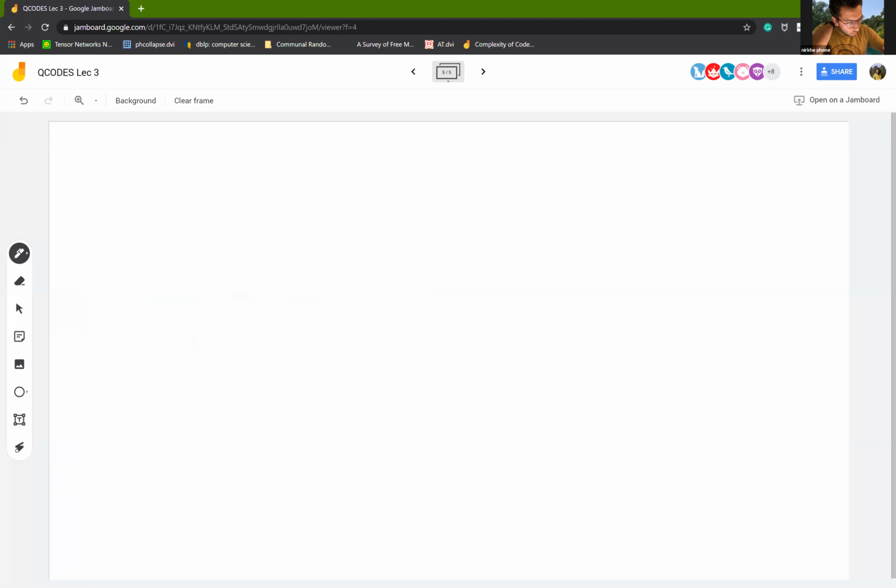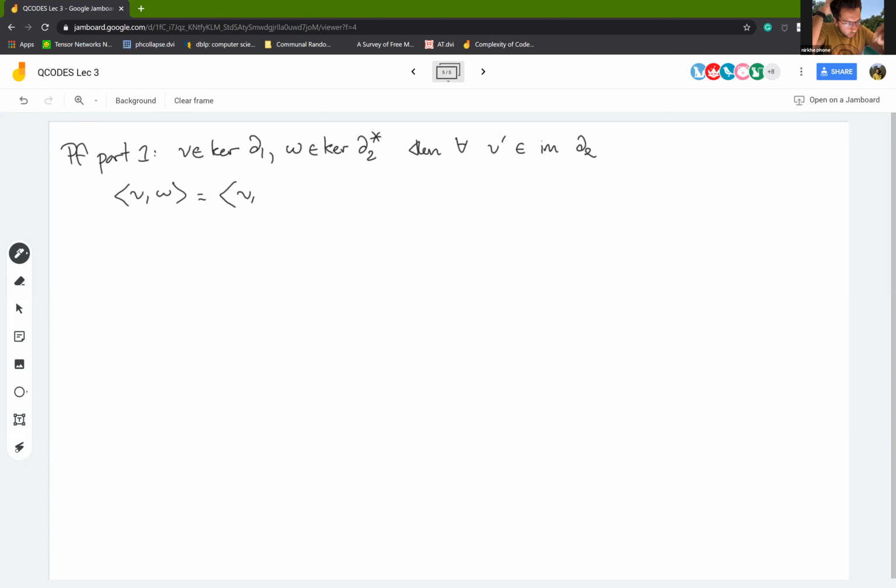So, proof part 1: if I have V in the kernel of delta 1, and I have W in the kernel of delta 2 perp, then for all V prime in the image of delta 2, I have VW is equal to (V plus V prime)W.